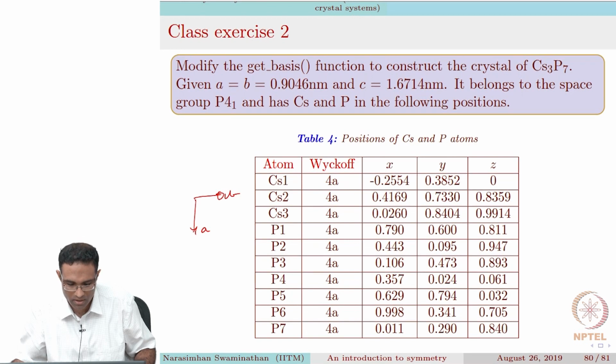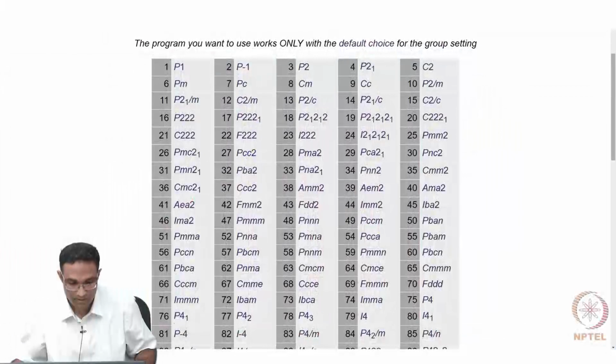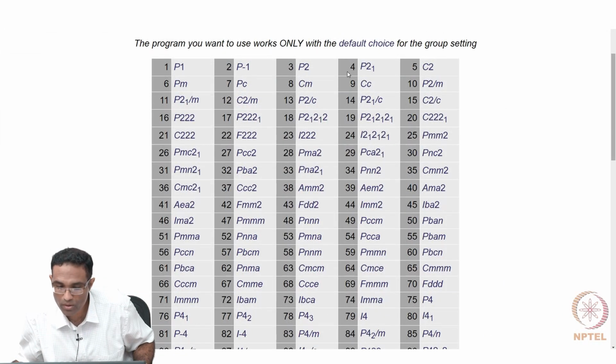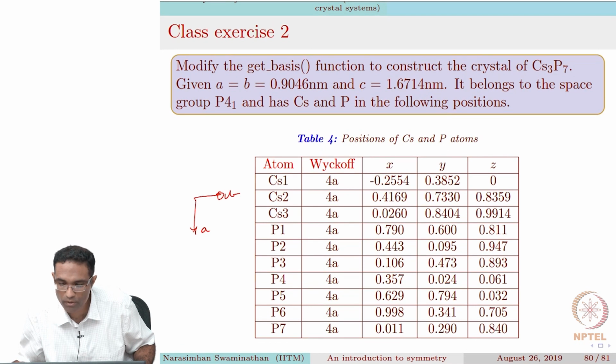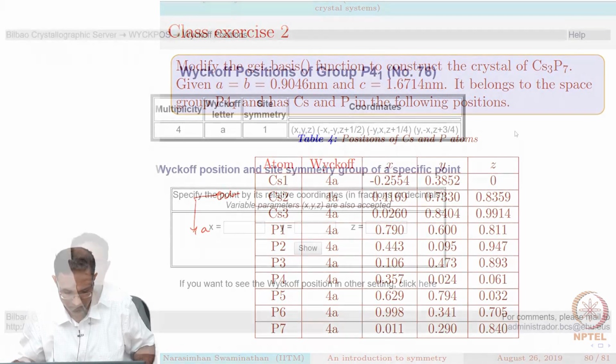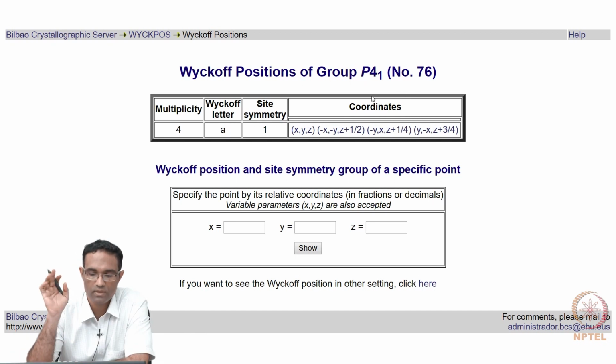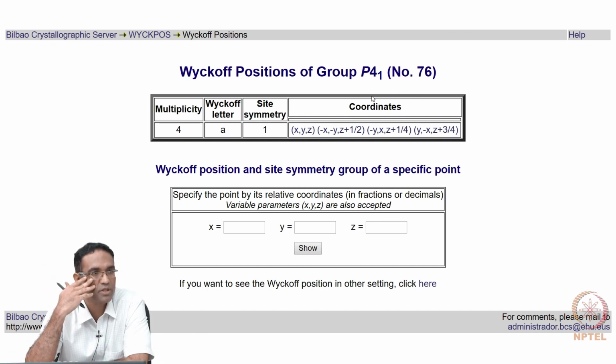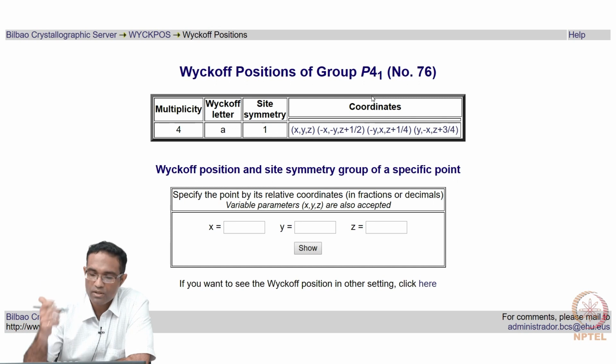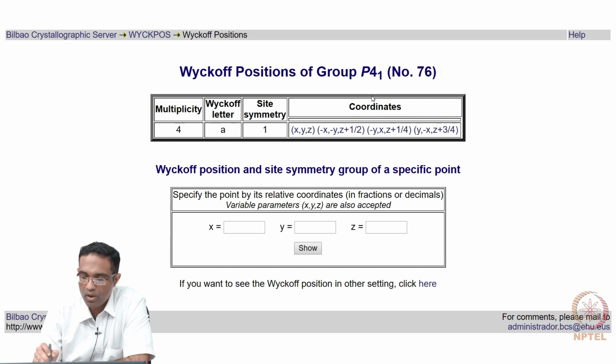Okay, so let us take a look at this particular space group. These are the various atoms. There is one general position, that's it. There are no special positions in this entire thing. So XYZ and all these things can be easily generated.